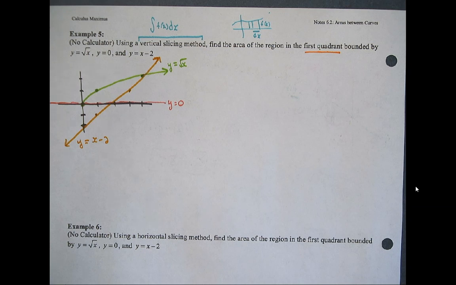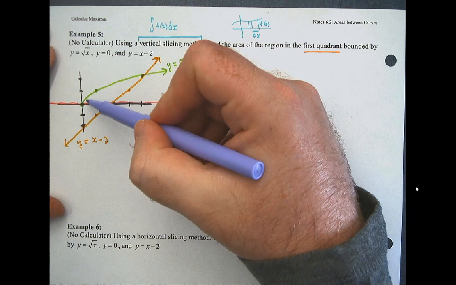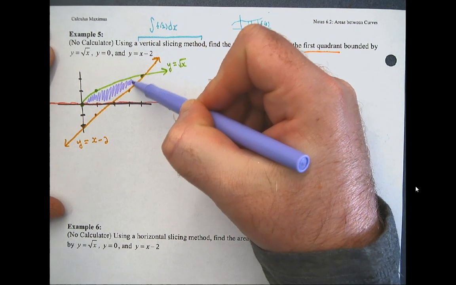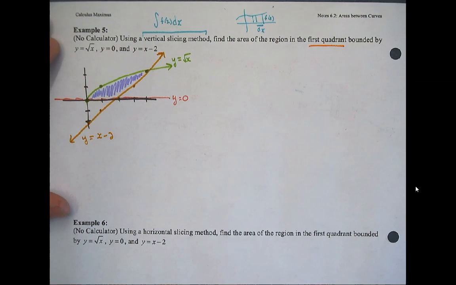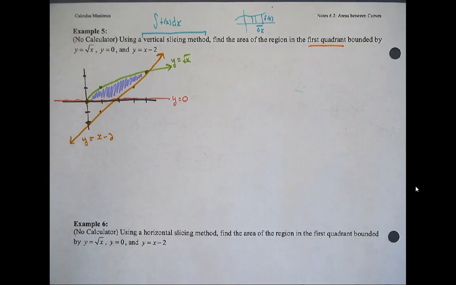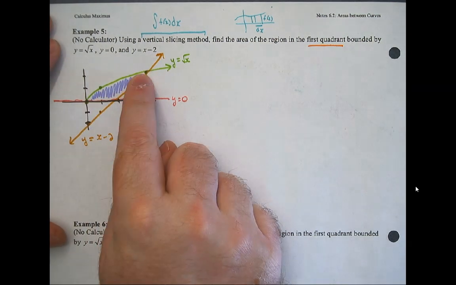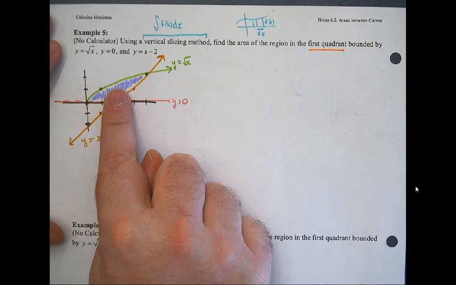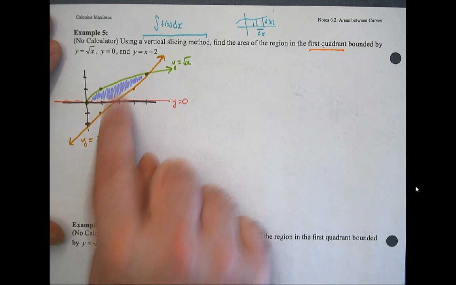So let's now try to highlight the region. To think about how you would write up an integral that would find that area, think about what are the things you have to consider. What I considered when I was going through is that it's not going to be just the green function subtract the yellow function because of this restriction that we are trapped in the first quadrant.